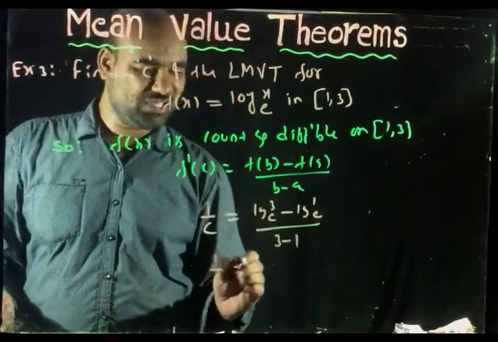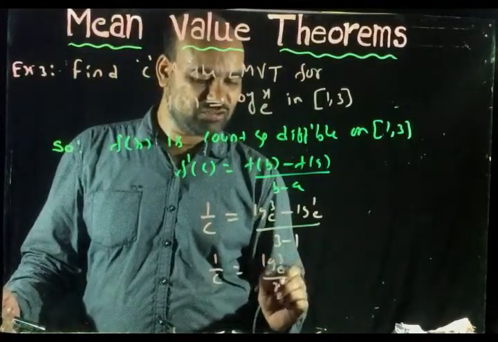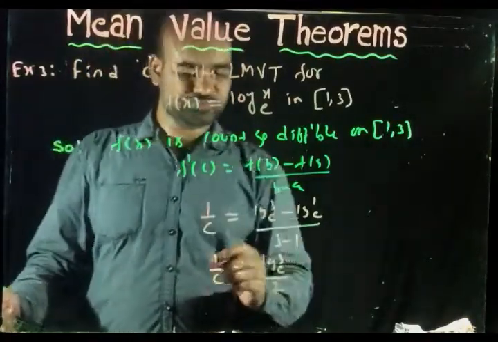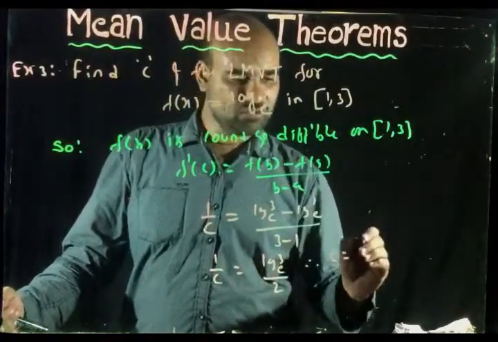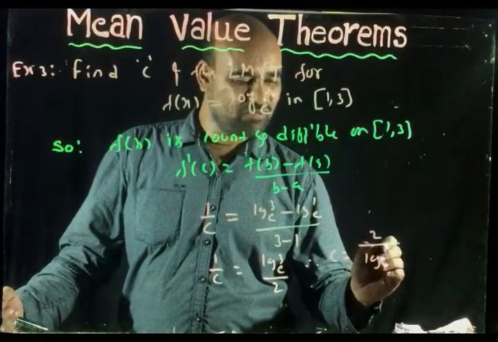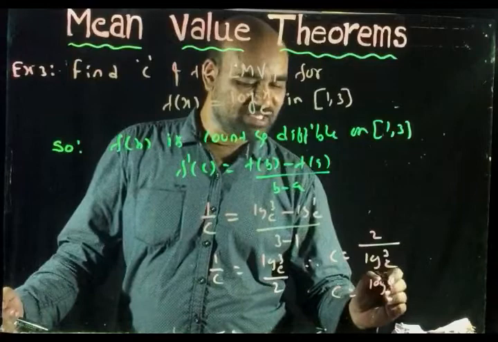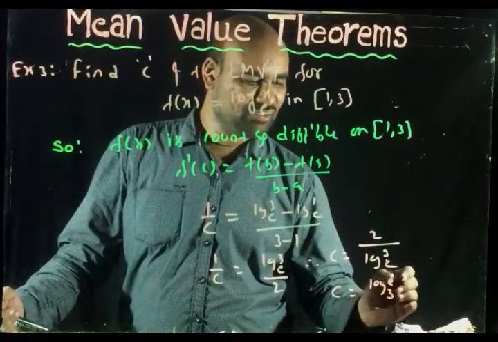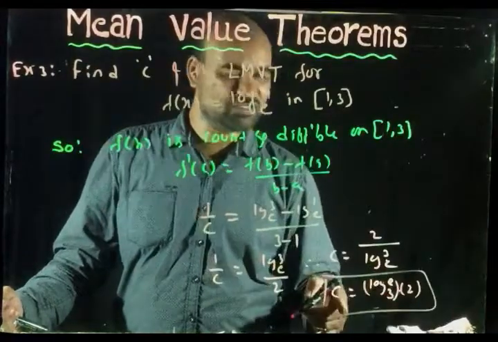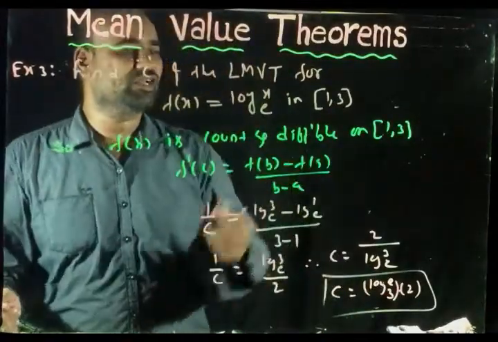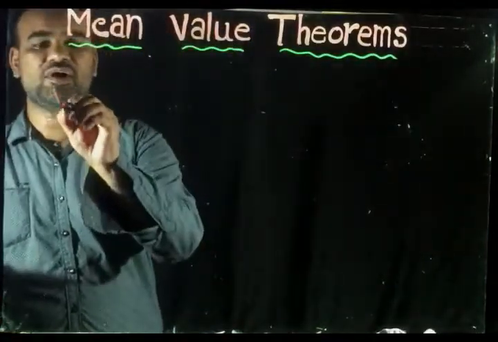So 1 by c equal to log 3 by 2, therefore c equal to 2 by logarithm of 3, or c equal to 2 into log base e of 3. So this is the c value. This belongs to the interval 1 comma 3 only, so this is the required c value. Students, important note.